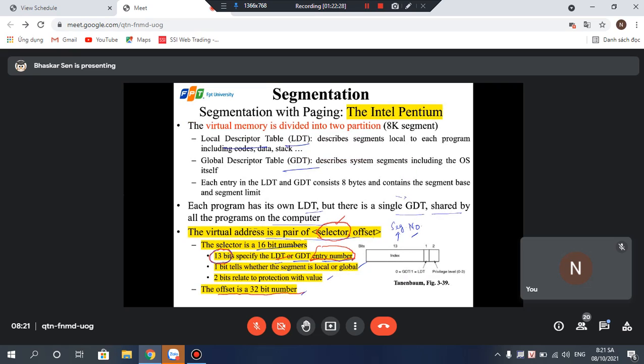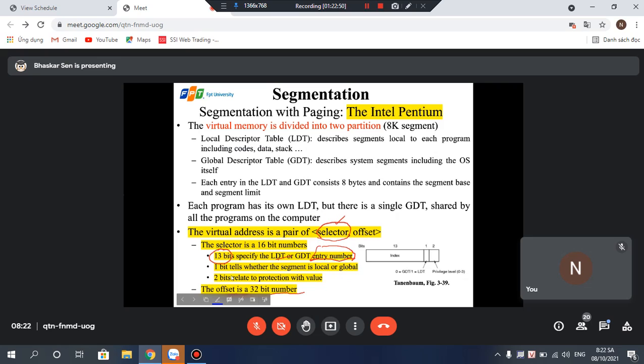The selector is a 16-bit number, and 13 bits specify the LDT or GDT entry number. One bit tells whether the segment is local or global. Two bits relate to the protection level.